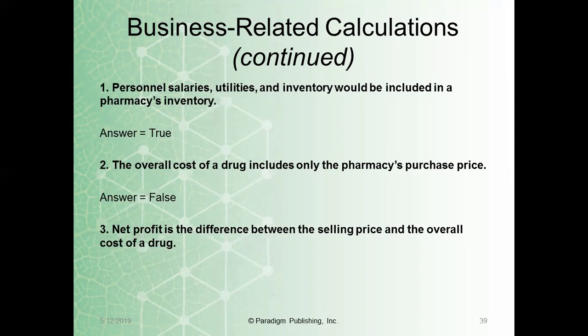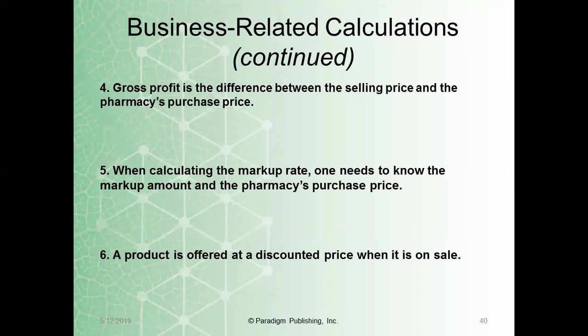So the net profit is the difference between the selling price and the overall cost of the drug. So net profit is the selling price minus the overall cost, and this is true. A gross profit is the difference between the selling price and the pharmacy's purchase price, and this is true. When calculating the markup rate, one needs to know the markup amount and the pharmacy purchase price.